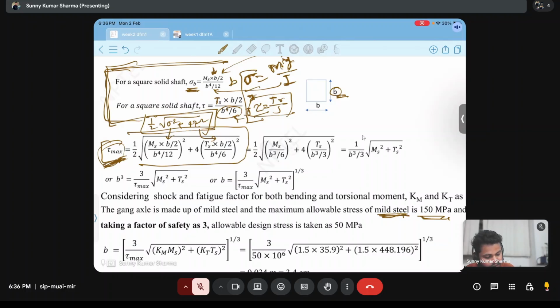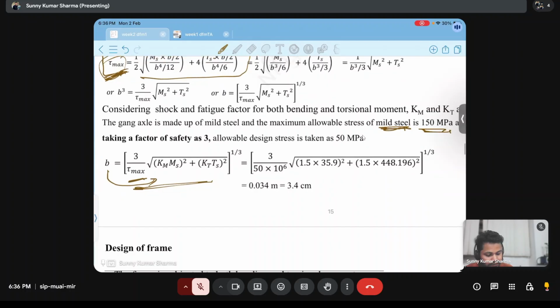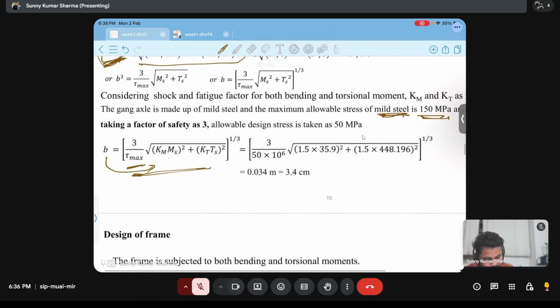Everything you can see here, so in terms of b, tau max we can get. In terms of b we have this formula, and if we put all the values here, we know Mb, Ms, Ts, tau max. So we will get b as 3.4 centimeter.